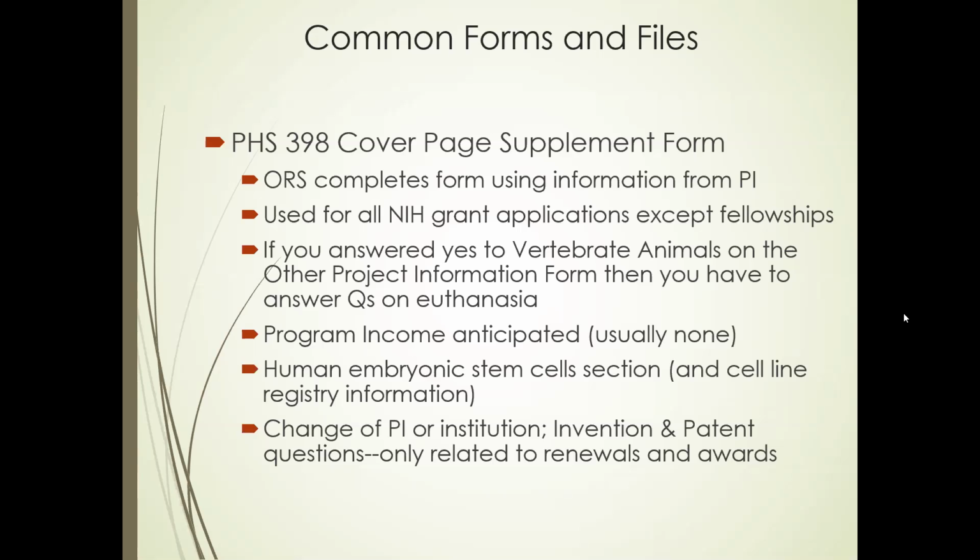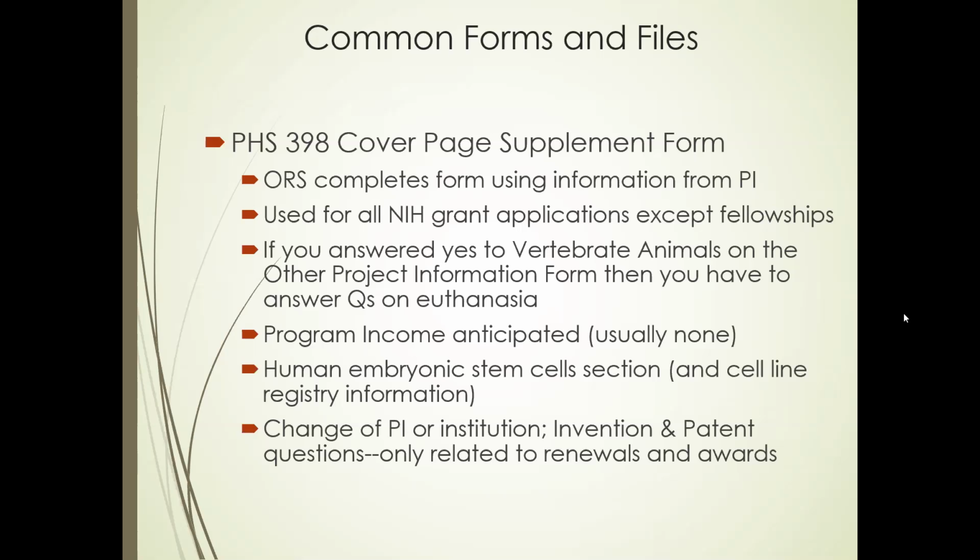And they'll ask if you have any anticipated program income. So program income is where you're going to be generating funds related to the research that you're doing. For example, if you were going to put on a workshop and you were going to charge for people to attend that workshop, if you made any income off of that, then NIH would expect you to roll that back in to the research that's being done on this particular project or to talk with them about it.